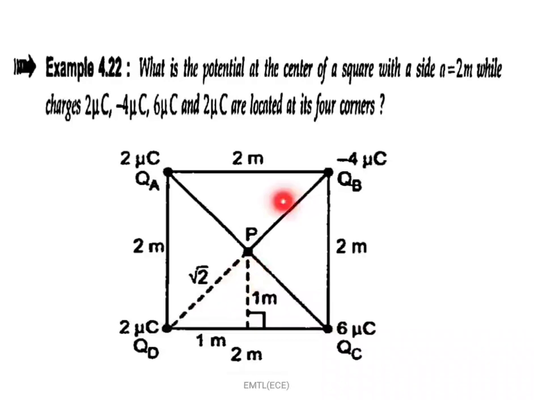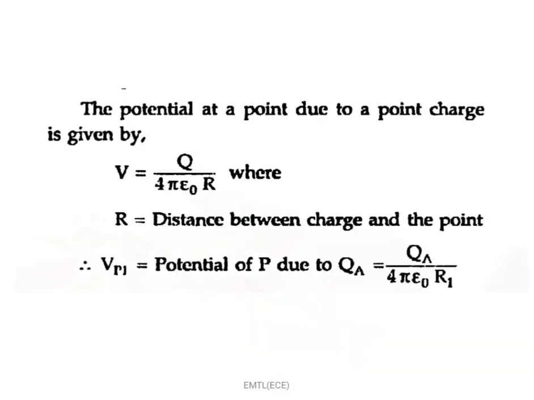So the sum of the total potential is the final potential at the point P. So the potential for a point charge is expressed as V is equal to Q by 4 pi epsilon naught R. R is the distance between the point charge and the point.